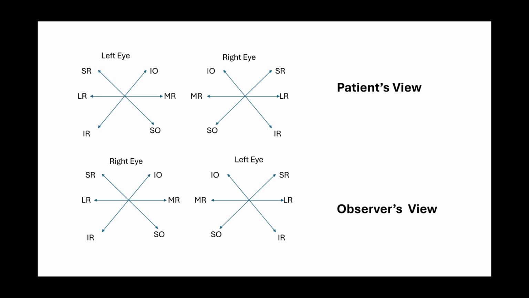It can also be recorded as per the observer's view, but this has to be clearly mentioned in the patient's response. So always during diplopia charting, always mark where the right side is positioned and where the left side is positioned. If the right is written on the right side, that means we are seeing the patient's view, and if the right is written on the left side, then we are actually seeing the observer's view.